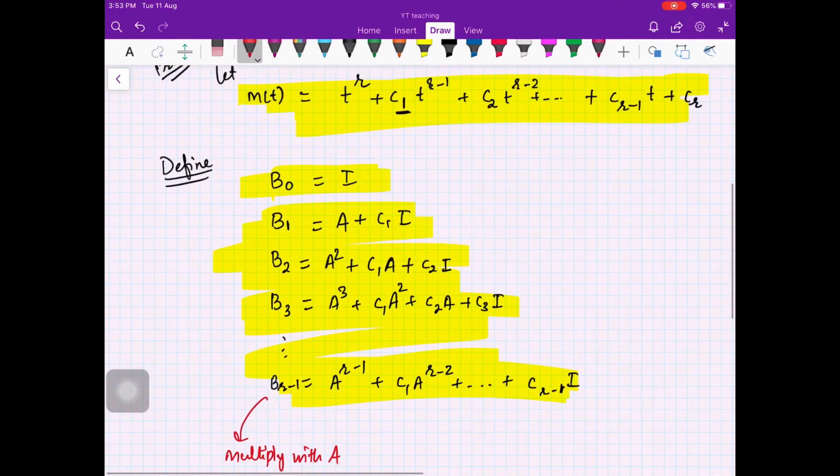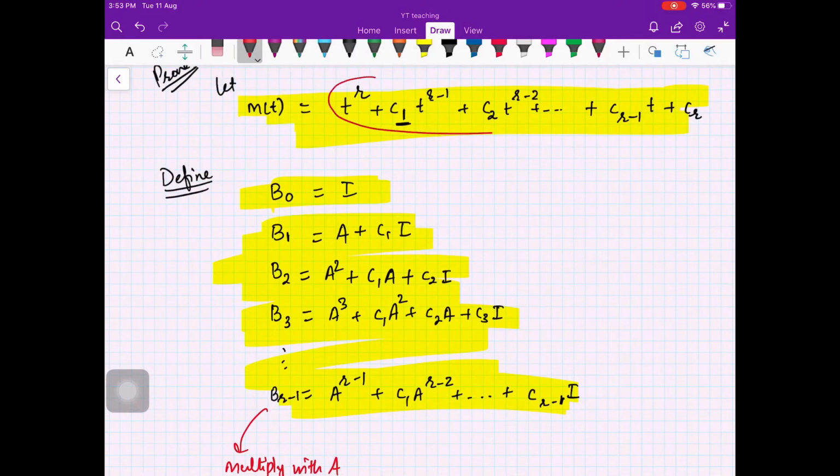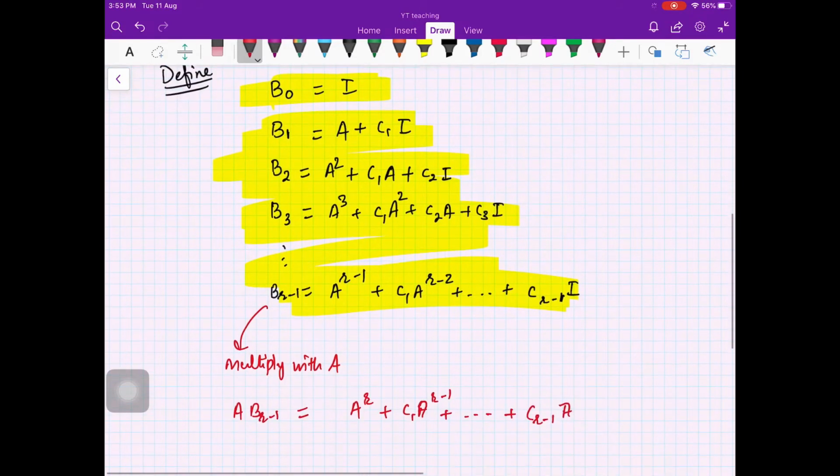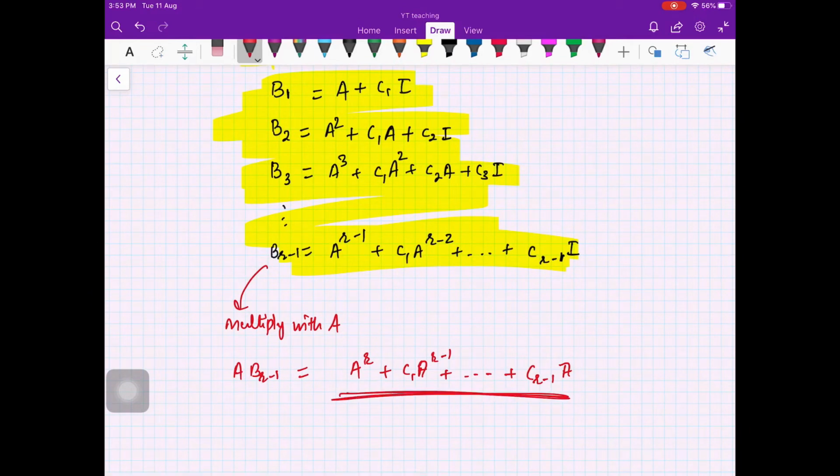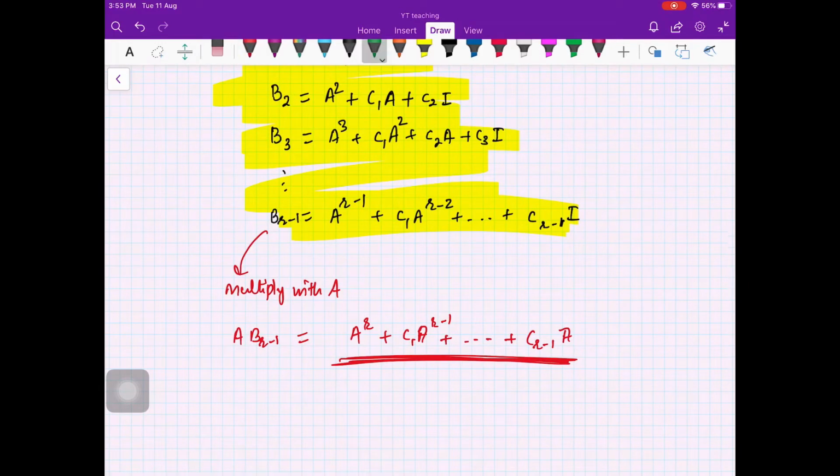Now you look at your minimal polynomial. You see the first terms, except the last one c(r), everything is here. Instead of t we have written A. So what you can do, you can just add c(r) I, because this is a matrix, on both sides.